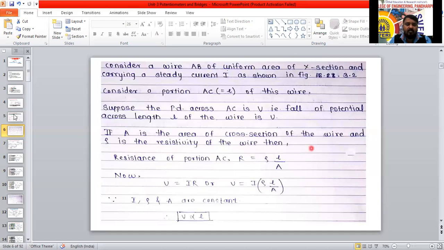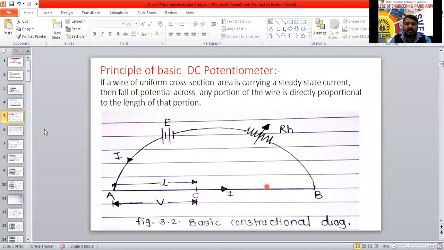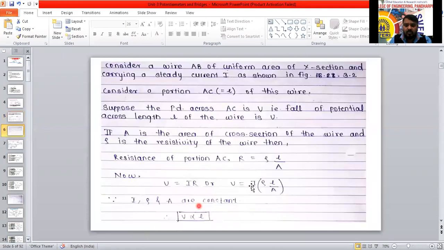By varying the rheostat, we have set the current at 5 ampere. That 5 ampere current only we are getting here. So I is constant, rho is constant, A is constant. Then the voltage drop across that particular length is directly proportional to the length of the conductor. We can say that, or not? Yes.